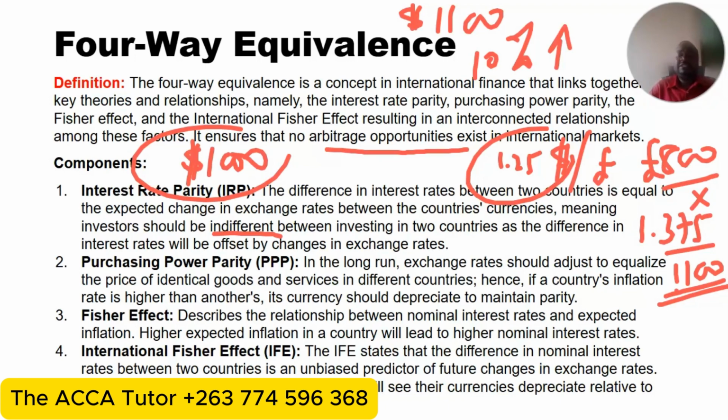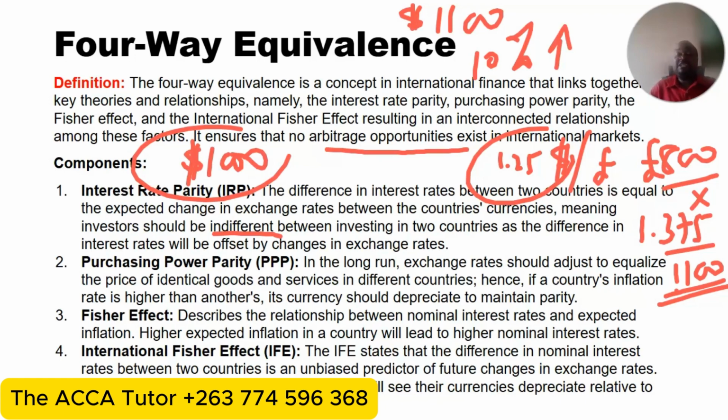Now, the Fisher effect. We have already seen that it describes the relationship between nominal interest rates and expected inflation. And that was the formula: 1 plus i is equal to 1 plus r multiplied by 1 plus h. If you still remember that, okay? And we say that it actually predicts the nominal interest rate. All right, and the nominal interest rate is that interest rate that has both the real rate of return as well as the inflation premium.